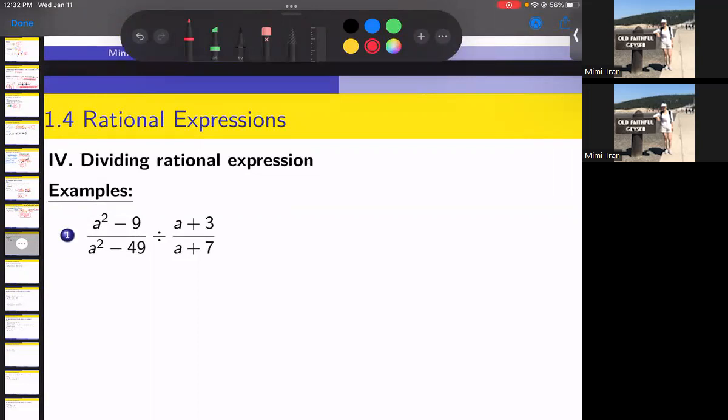Let's scroll all the way down. Extra credit right there. Click on that. Mine is different than yours. I'm a teacher. Hmm?